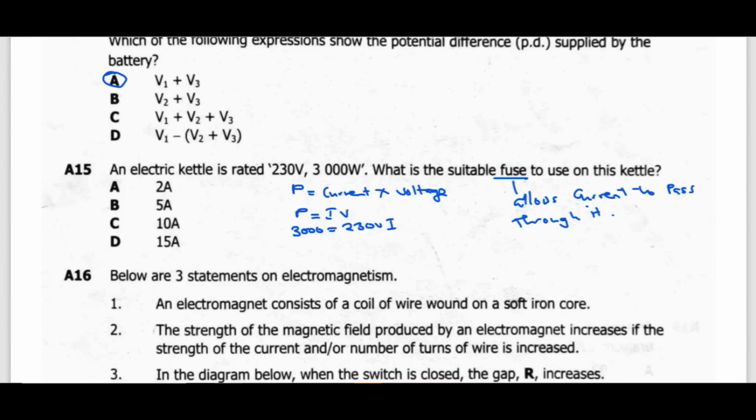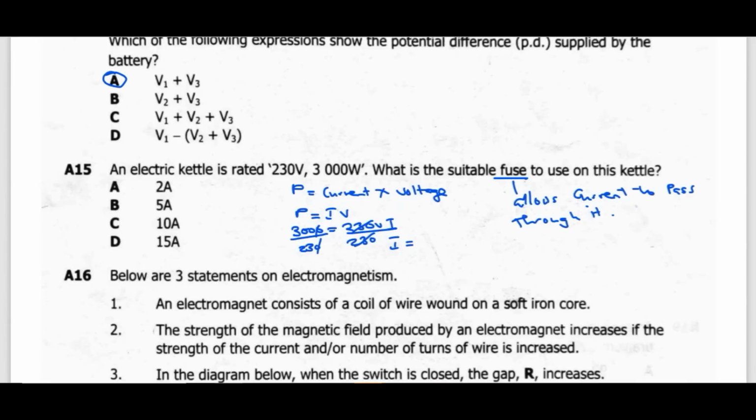And then what are we going to do here? We are going to divide by 230 on both sides, so this will cancel and that will cancel. So 300 divided by 23, what are we going to have?